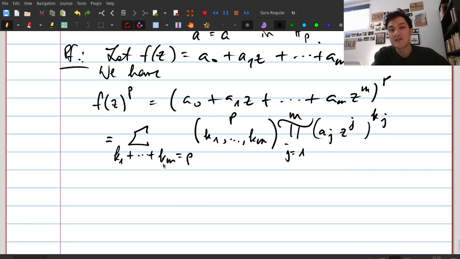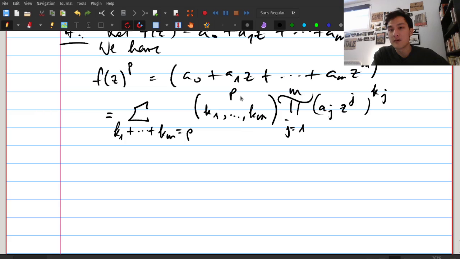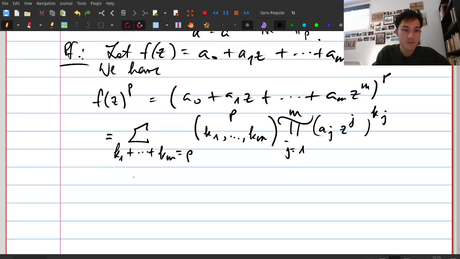Okay, so they have to add up to p, and so k1 is how many times the first term shows up in the product. Okay, and then you need to take a sum over all possible multinomial coefficients. Okay. All right. So okay, now we're going to break down what this means, and I should just write this out. Like, what is this thing? Okay, this thing is equal to p factorial over k1 factorial.